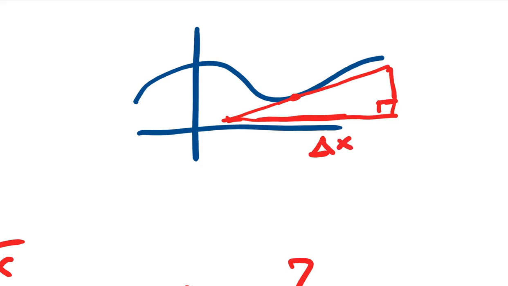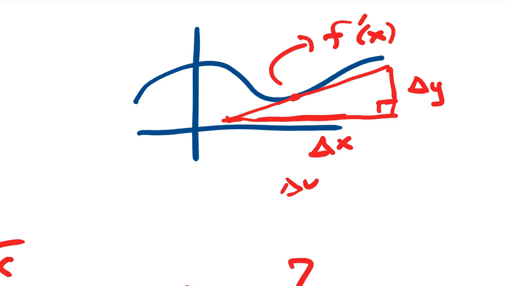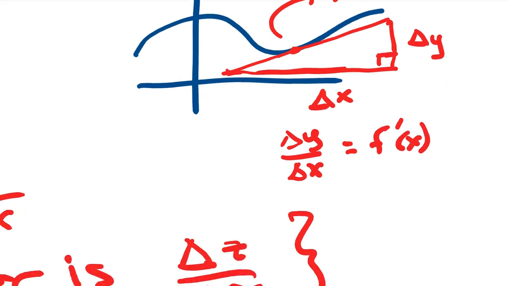The horizontal leg was delta x, and the vertical leg was delta y. The slope of that hypotenuse was f prime of x, so delta y over delta x was f prime of x.